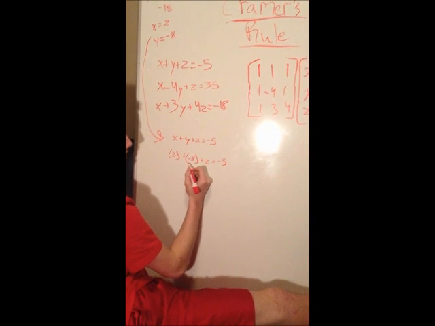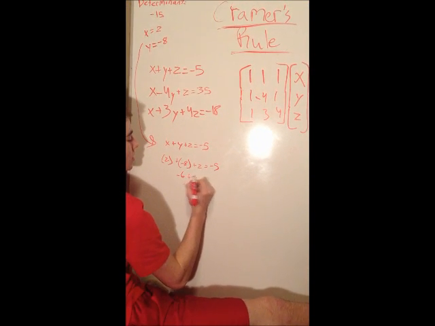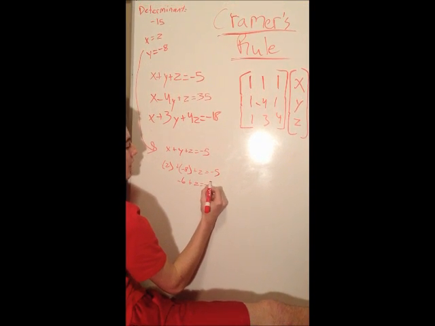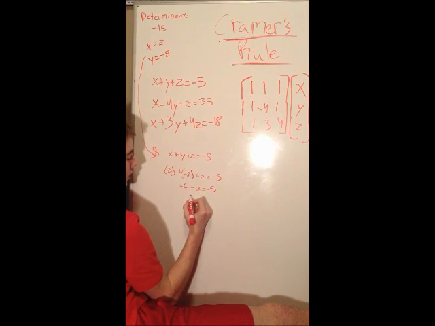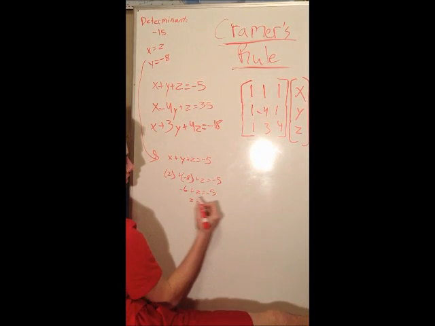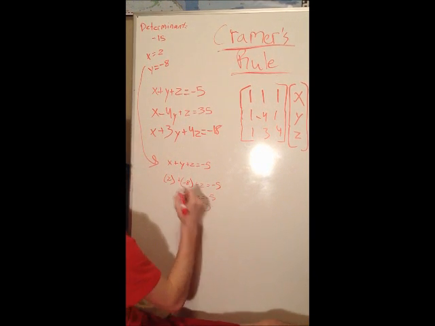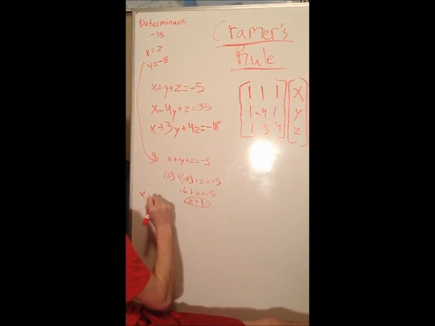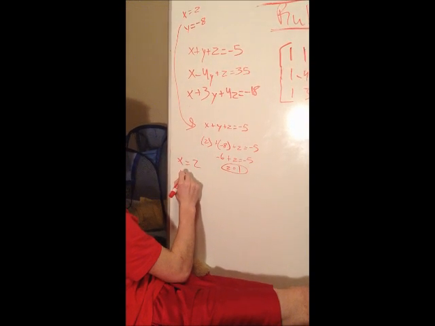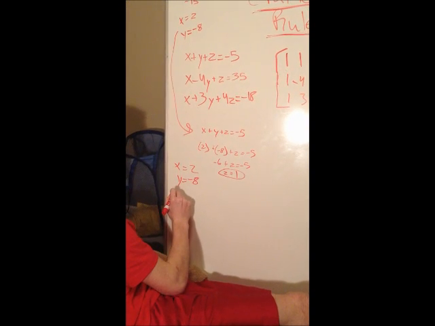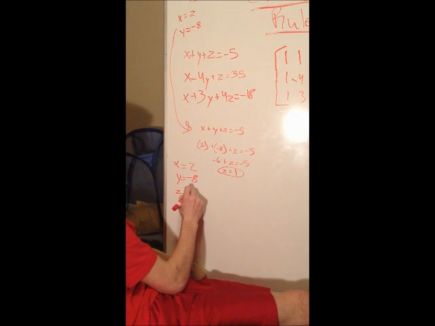And so 2 plus negative 8 equals negative 6 plus z equals negative 5. You can add 6 to both sides, and so you get z equals 1. And so x equals 2, y equals negative 8, and z equals 1.